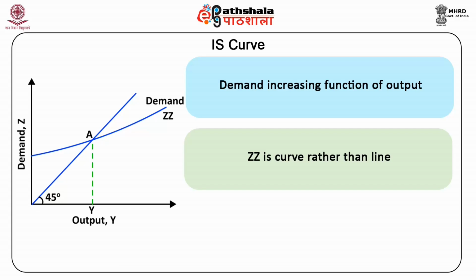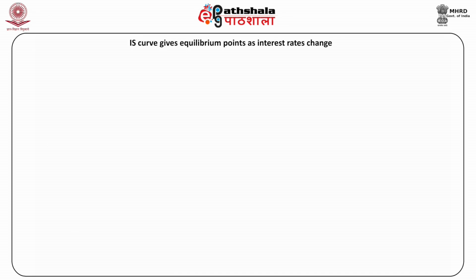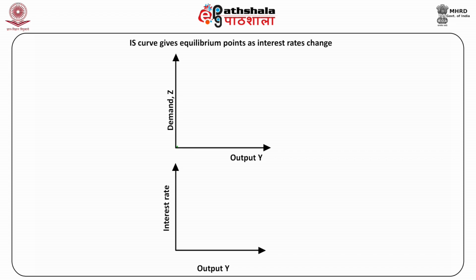The above diagram represents equilibrium in goods market, which requires that demand for goods be equal to the production. IS curve gives us the equilibrium points as interest rates change. As such, to derive the IS curve, we proceed as follows. We map the initial equilibrium A in the lower panel.